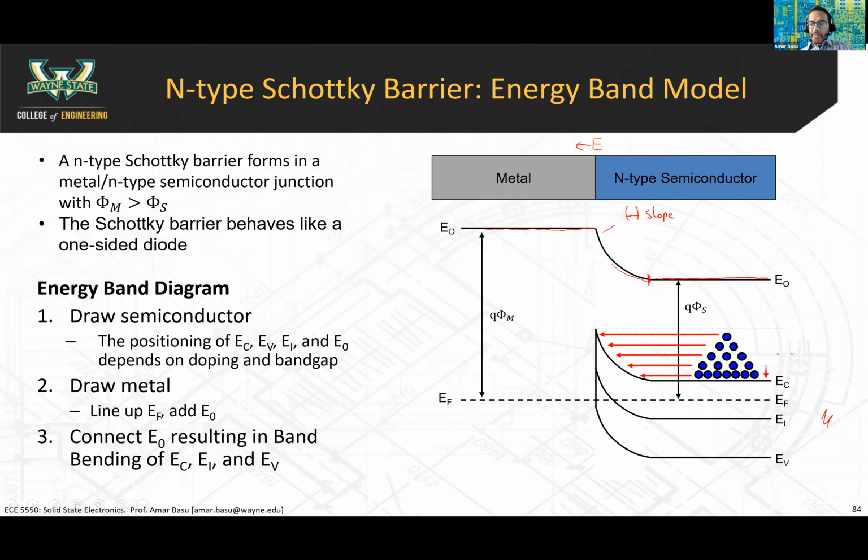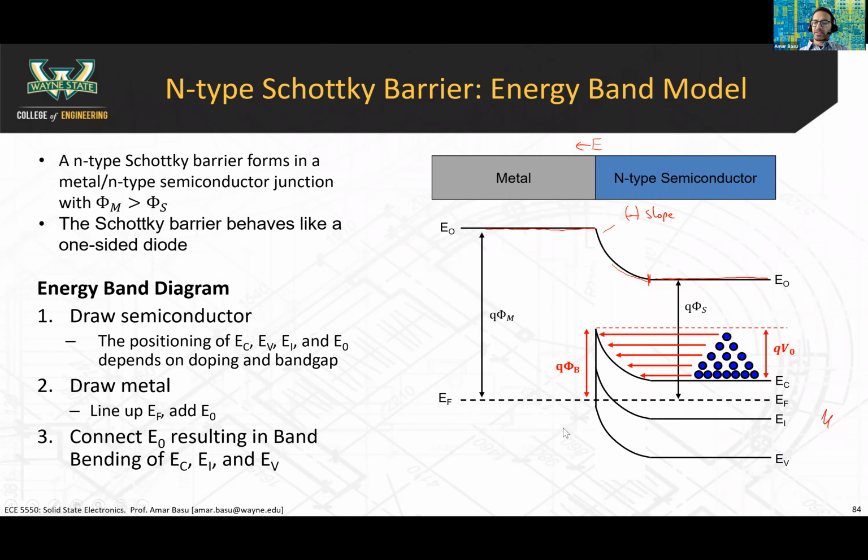And then you have a built-in potential here that's QV0. On the other side, you have a barrier height here, okay? Can anyone tell me where the electrons are going to be in the metal? The electrons will be below the Fermi level.